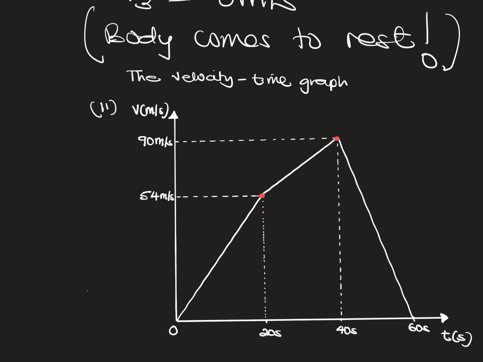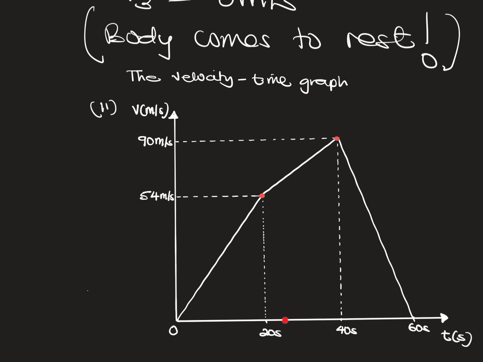Okay. To summarize, a body starts from rest. It accelerates uniformly to attain a final velocity of 54 meters per second in 20 seconds. And the distance covered in the first interval was 540 meters. Then the body accelerated again to attain a final velocity of 90 meters per second at the end of the second interval.